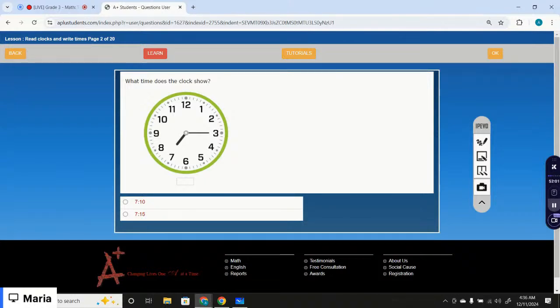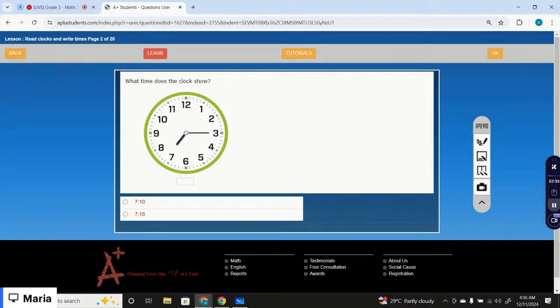What time does the clock show? Which is the correct option? The shorter hand, the hour hand, is pointing between 7 and 8, right? So that means that is 7, and the minute hand is pointing to 3.